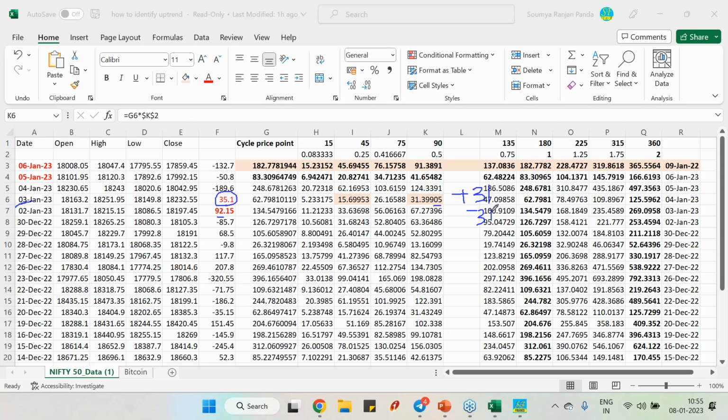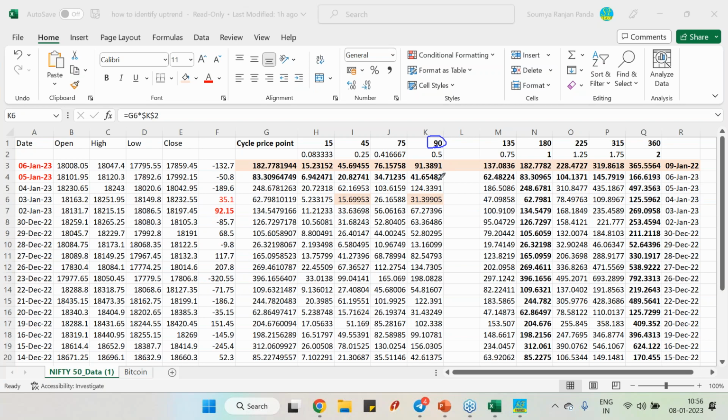As long as it is moving in a 31 point band, you will not have the uptrend or downtrend confirmation. You are in range. Once plus 31 or minus 31 point movement happens, then you are into the uptrend or downtrend. So these uptrend and downtrend confirmations will come at 90 degrees.